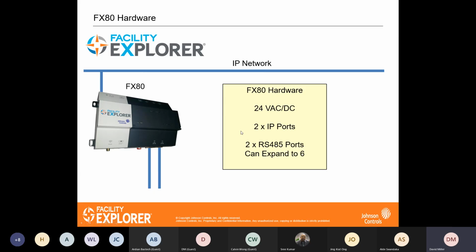Typically, you'd only use one IP port, but there is a second IP port available if you want to connect to two separate IP networks. It has two RS485 ports on board, and they can be expanded up to 6 additional, so a total of 6 ports using expansion modules.